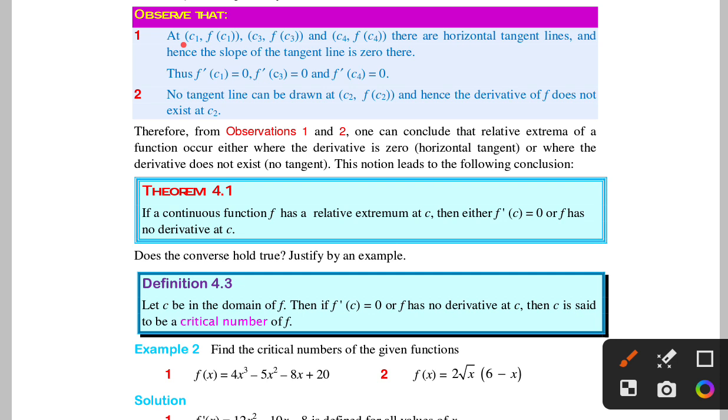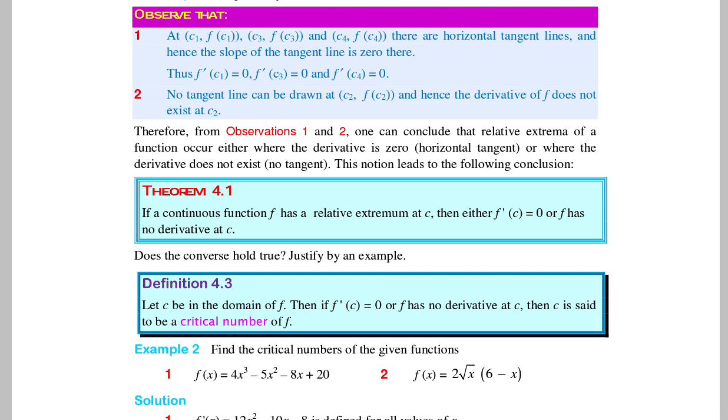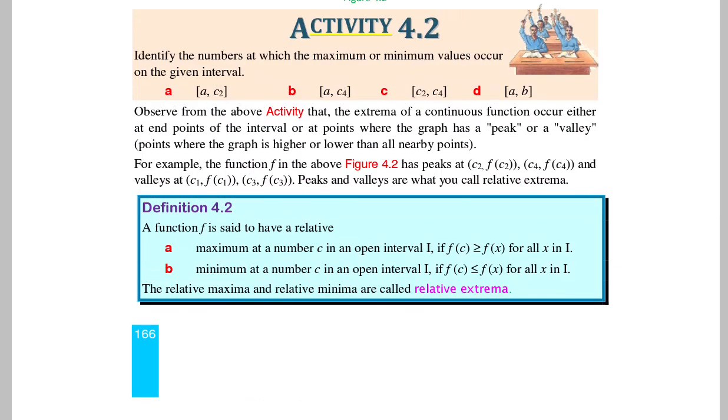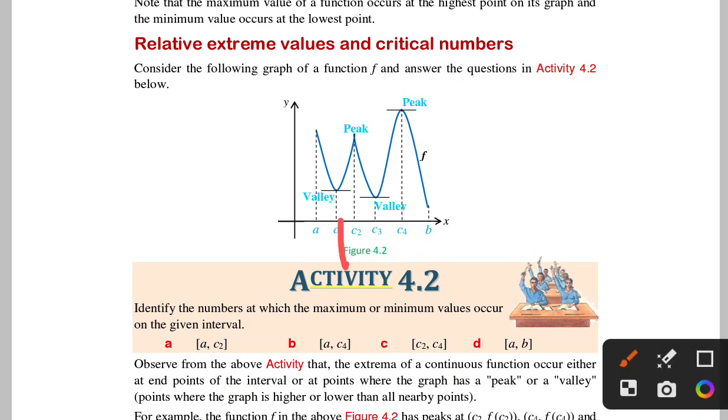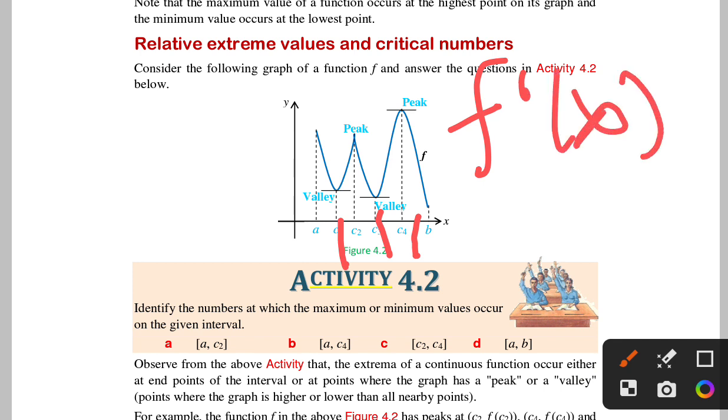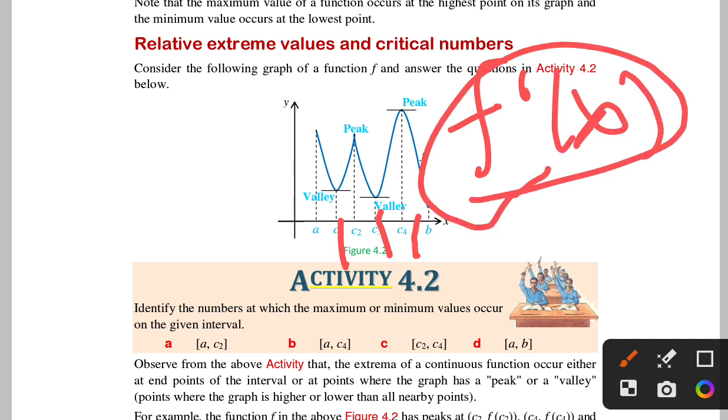Look at C1, C3, C4: the tangent line is 0 here. The first derivative is equal to the slope of the tangent line, so the derivative is 0.